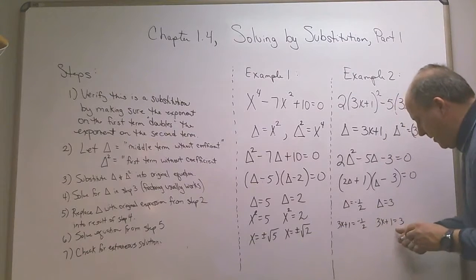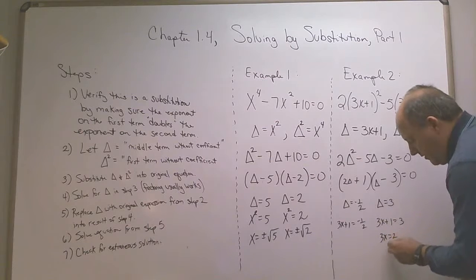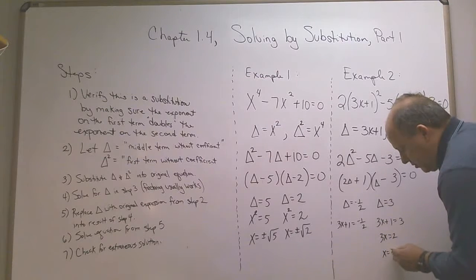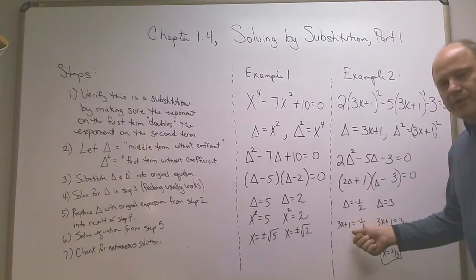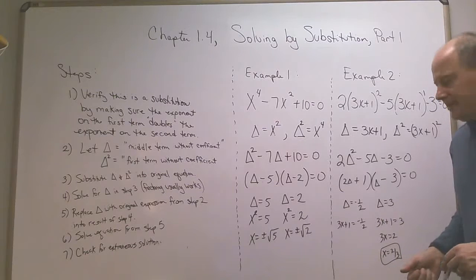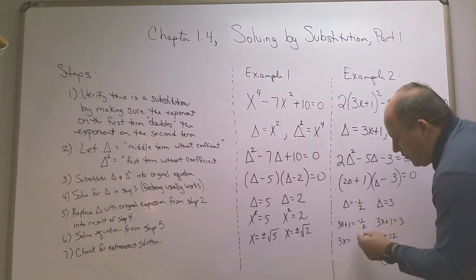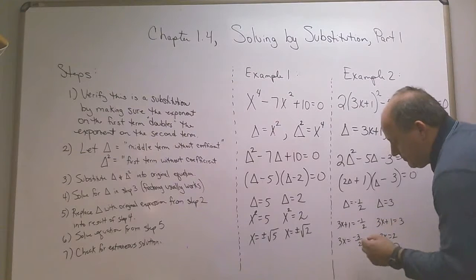And on this one, it's not so bad. You just subtract 1 from 3 and get 3x equals 2. And then divide by 3, and x is 2/3. So 2/3 is one of the answers. Now on this one, you might want to go ahead and multiply by 2 to get rid of the fraction. I'm going to do a little bit of cheating here. I'm going to do 3x and subtract 1 from negative 1/2. You get negative 3/2.